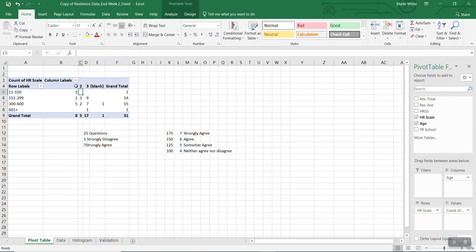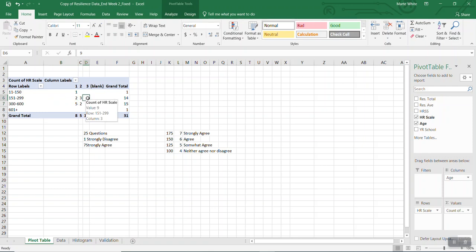So we have somebody who is young, one person in the age range of 18 to 25, that has absolutely very low stress. We have 2 people in that range that have fairly high stress. And we have 5 people in the age range of 18 to 25 that have fairly significant stress.